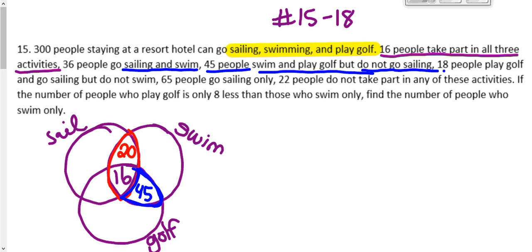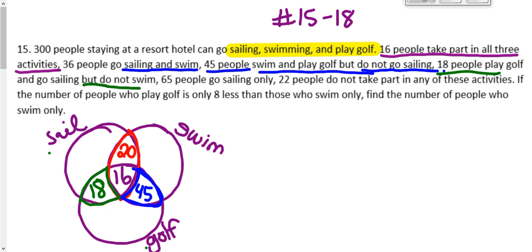Then they said 18 people play golf and go sailing, but do not swim. So they have again told us that we are outside of that little middle part, so we do not need to subtract 16. We can just write 18 in there. So be very careful.